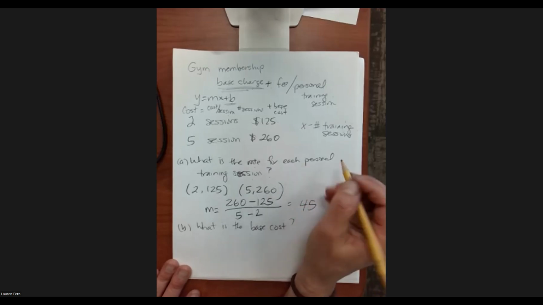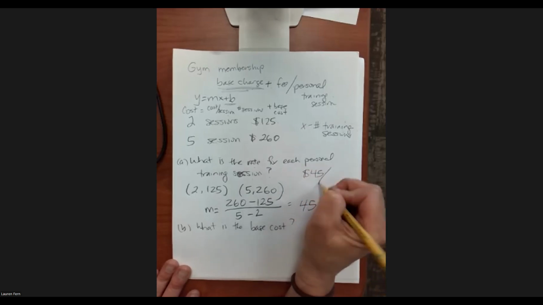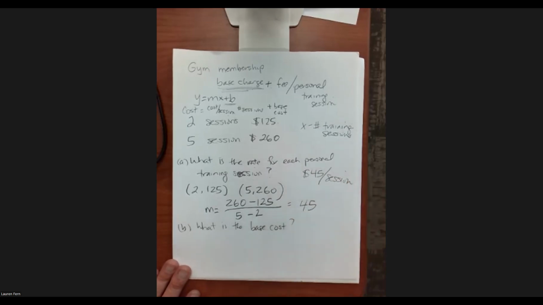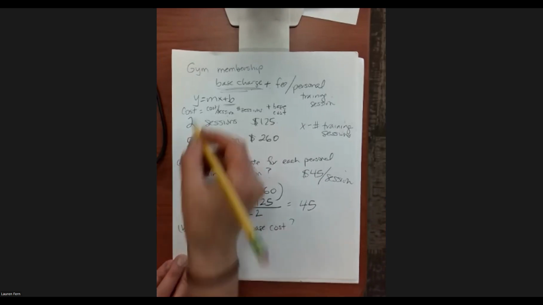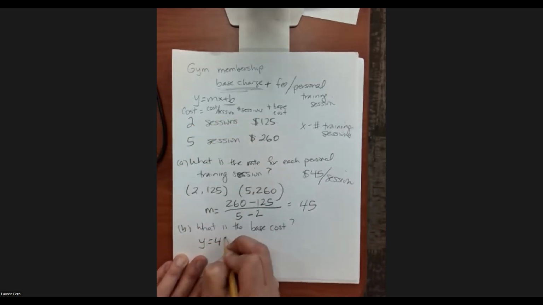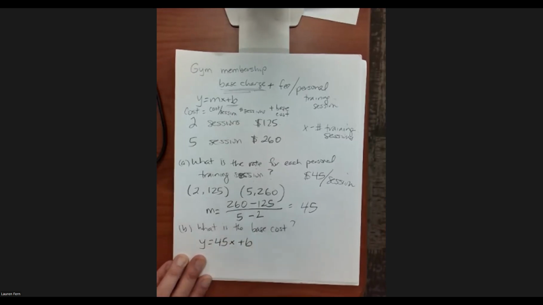So what is the rate for each personal training session? It costs $45 per session. Can I find my base cost now? You bet. We have y equals 45x plus b. We can take one of these ordered pairs, plug it in for x and y to get our value of b.